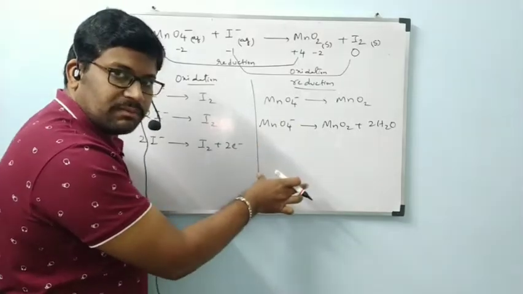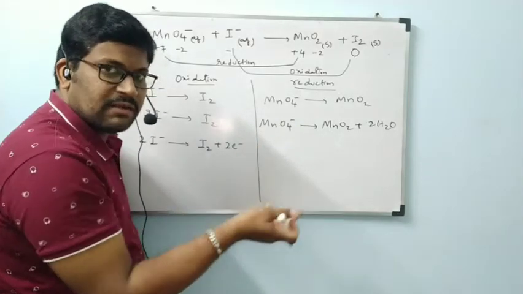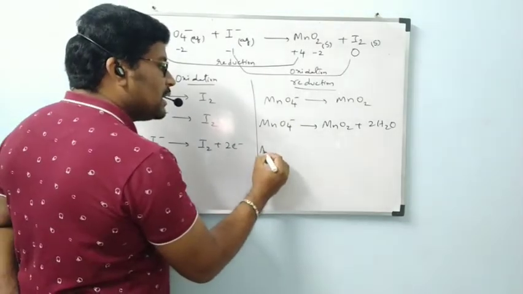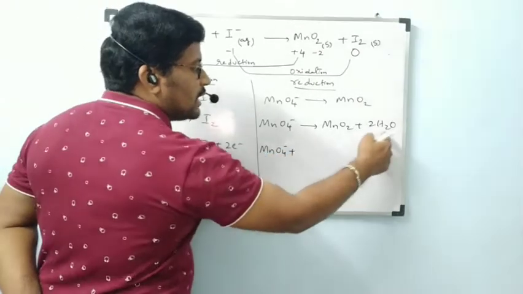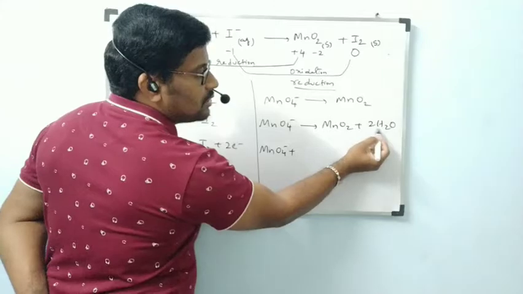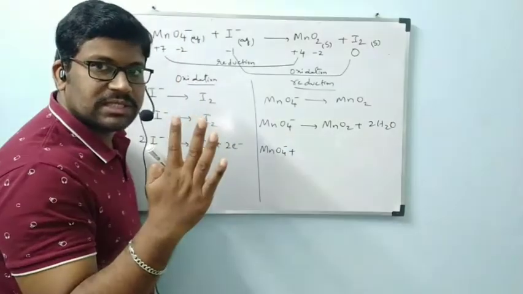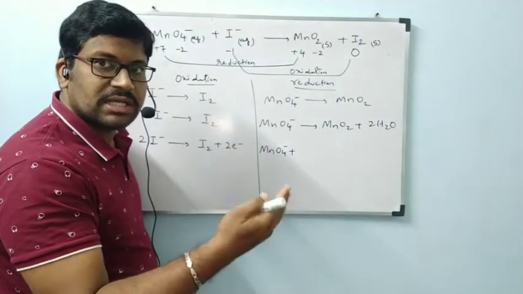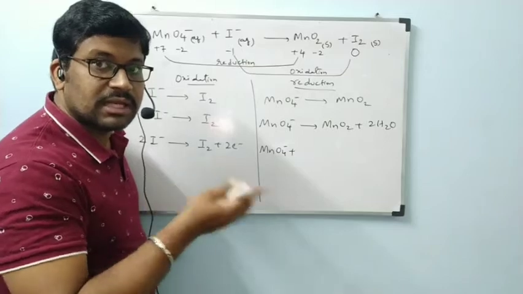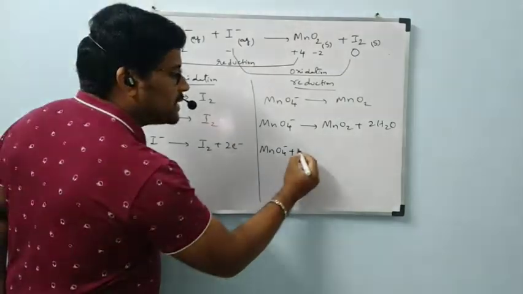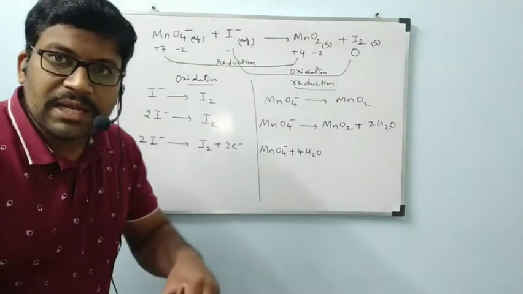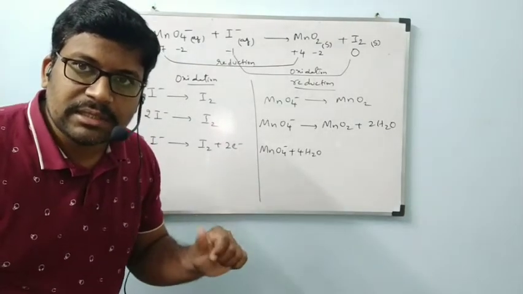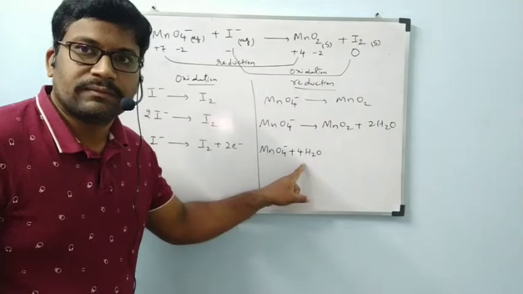I will write the step, then once again I will explain. Let us see. MnO4 minus plus... Here how many hydrogens difference? 2 to 4, 4 hydrogens difference. That 4 hydrogens are deficient on the left side. That many water molecules, plus 4H2O.